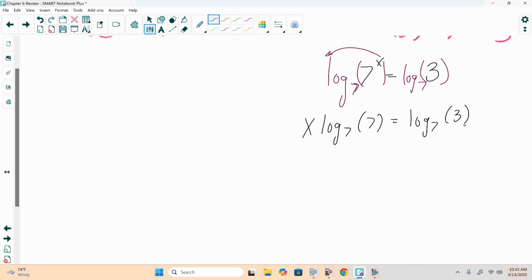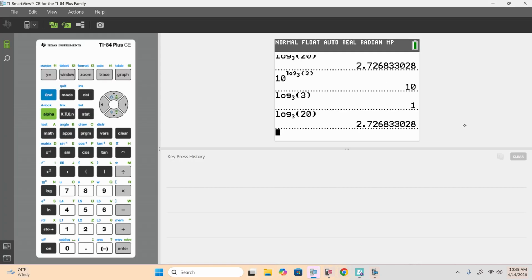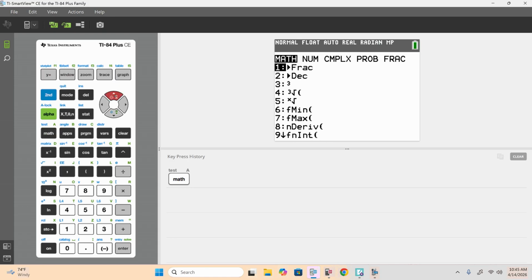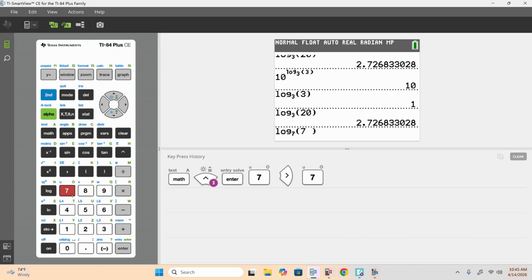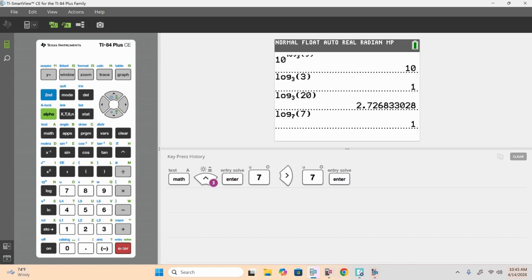Now, log base 7 of 7, if we wanted to calculate it, we can go grab the graphing calculator, go math, log base 7 of 7 is 1.